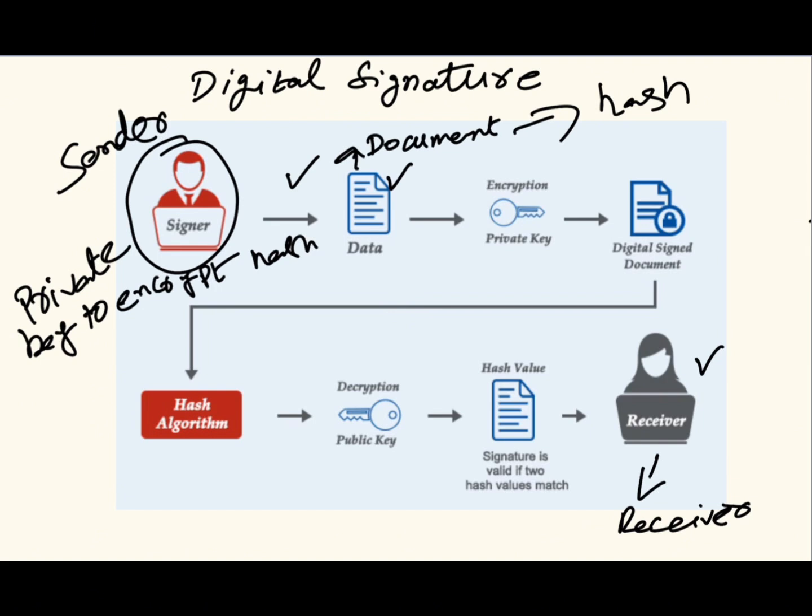But in this particular case, only the hash will be encrypted using the sender's private key, and that digital signature will be attached to the document itself. The document will be unencrypted; only the hash value will be encrypted.